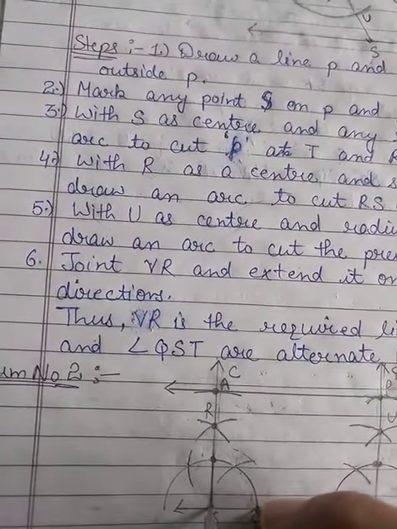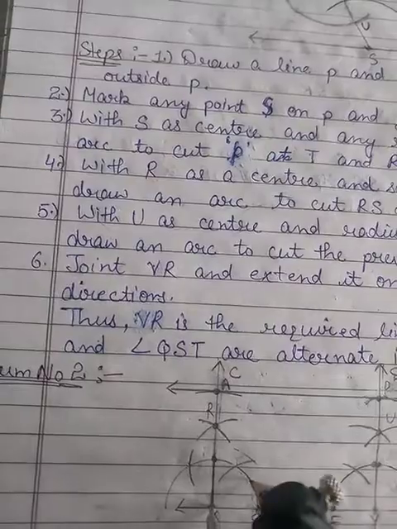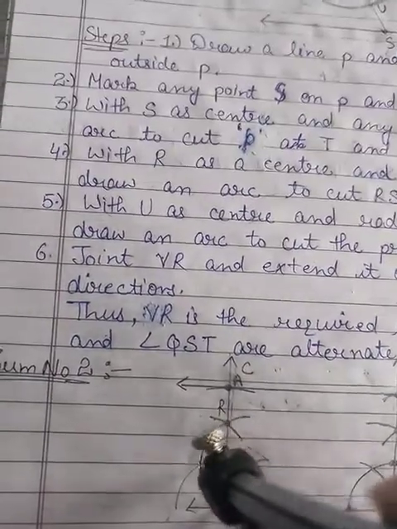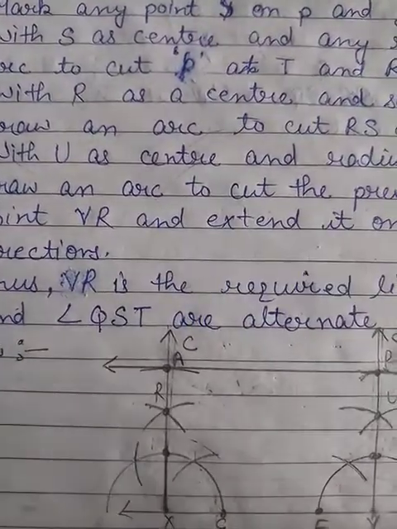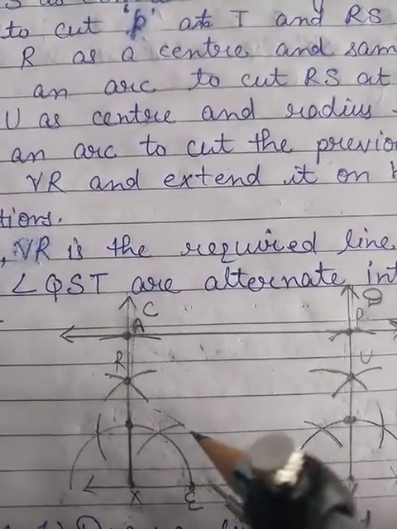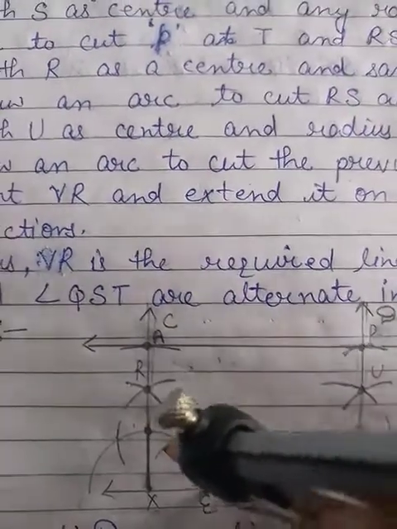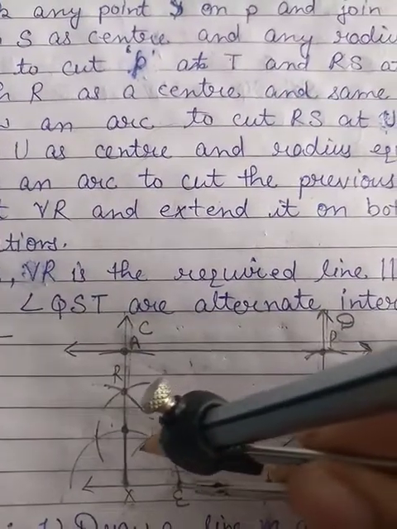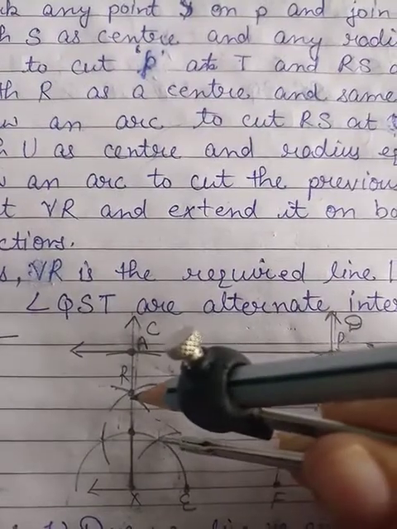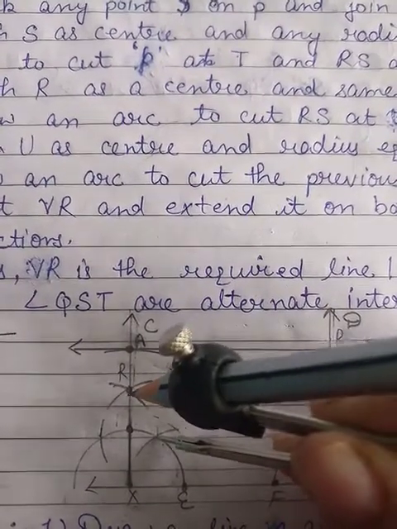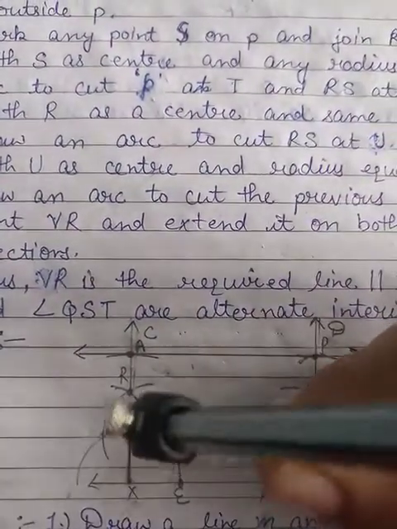I will draw an arc like this. Now by taking the same radius, we need to cut this arc. By taking the same radius, we need to mark two more arcs on it, one like here and the second from this point to this. Okay, clear?